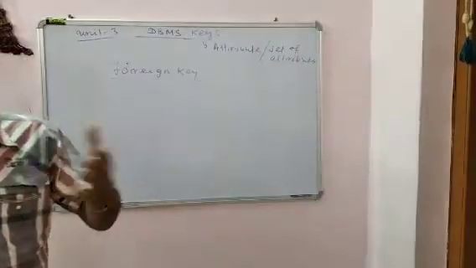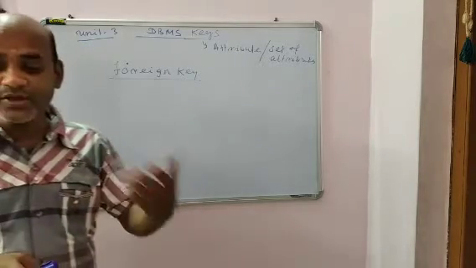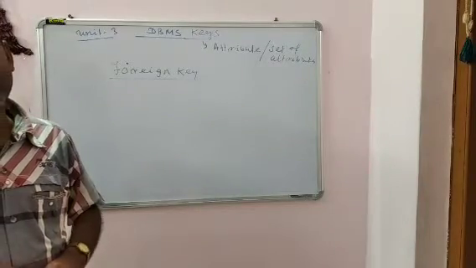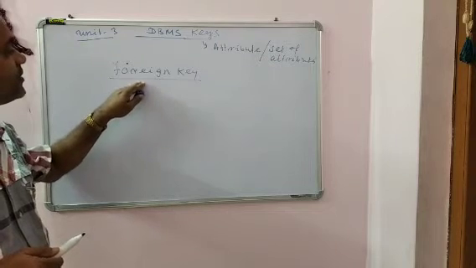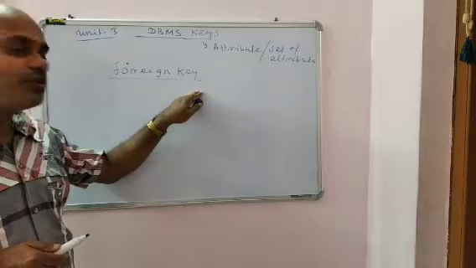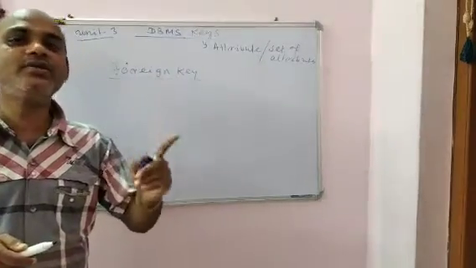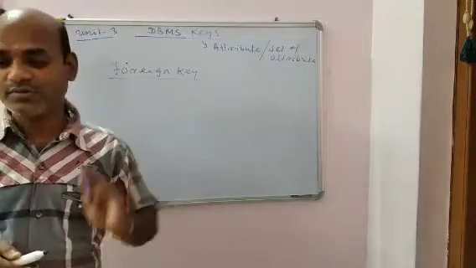So a non-key attribute whose values are derived from the primary key of some other table is known as the foreign key. These attributes are derived from the other table in which that key is considered the primary key. That means the primary key of a table becomes the foreign key of another table.